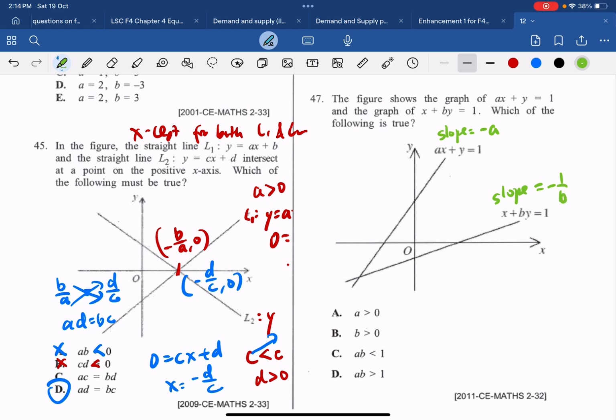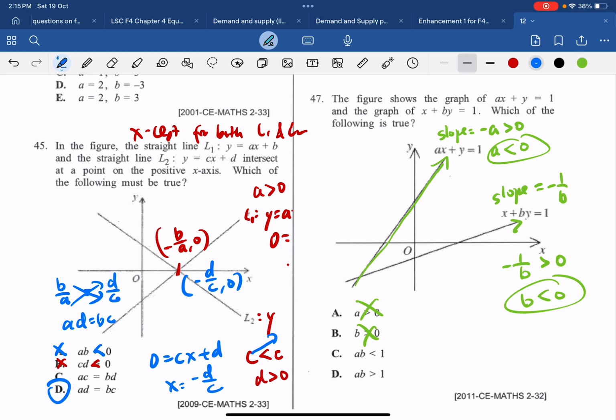So you know the slope of this line should be greater than 0, right? Which means negative a should be greater than 0, so a should be smaller than 0. And then for this line, it's also upward sloping, right? So negative 1 over b should be greater than 0, so b should be less than 0. So from this, you can already eliminate A and B. And then you see AB is greater than 1.